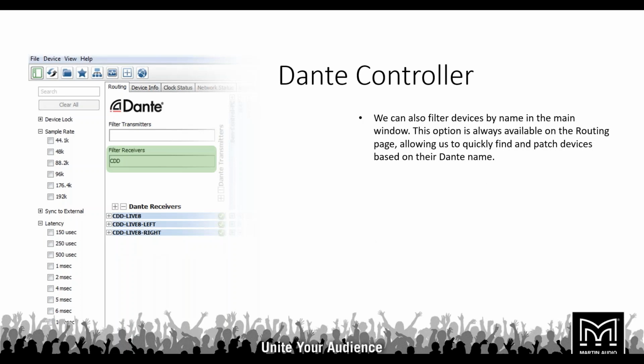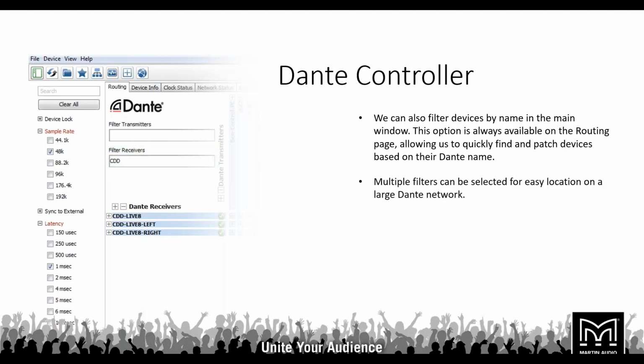And we can also filter by name in the filter transmitters, filter receivers windows on the main project window, and these will always appear here. And we can apply multiple filters between the filter pane and the transmitters receivers filters.